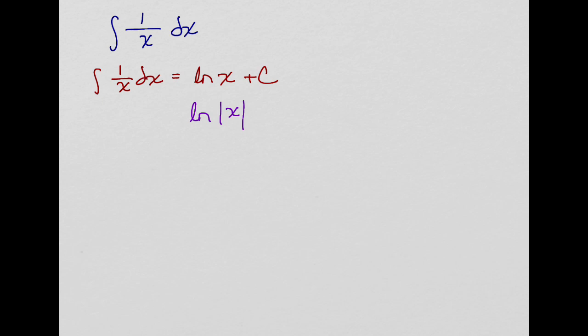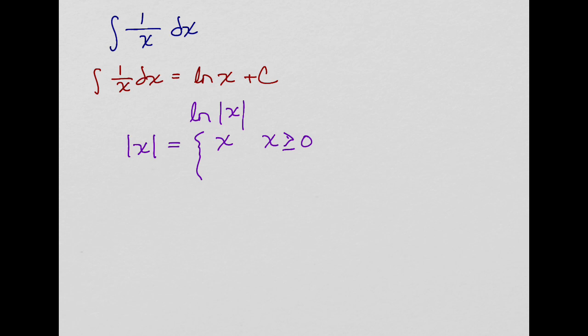Maybe you remember from your past that the absolute value function I could really write as a piecewise function. If x was already positive, the absolute value of x is the same as x itself. So if x is 5, the absolute value of x is 5.